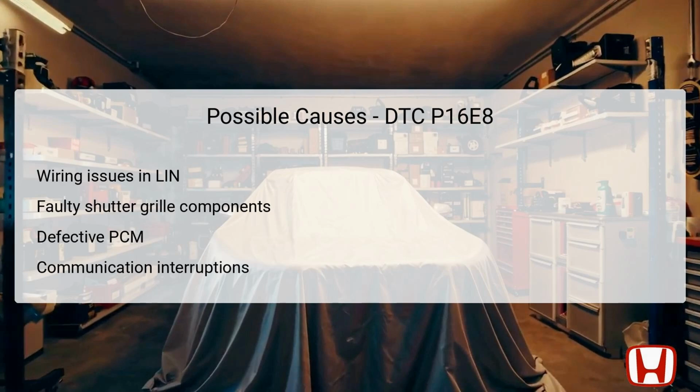Furthermore, a defective PCM may send or interpret signals incorrectly, leading to operational malfunctions. Communication interruptions caused by poor connections or loose terminals could exacerbate the issue. Diagnosing these potential causes requires thorough inspections and testing of the wiring, connectors, and component functionality.